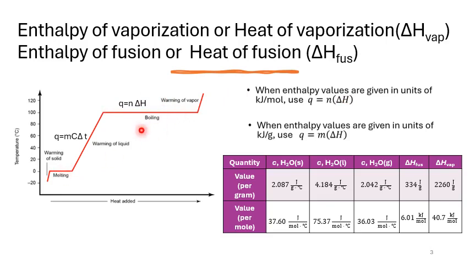When there is a change in temperature, such as warming liquid water, we use the formula Q equals m c delta T: mass times specific heat times change in temperature. The specific heat of ice and of liquid water have different values, and that also depends on whether it is per gram or per mole.